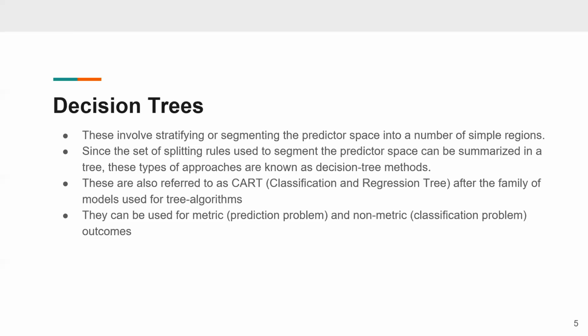If your outcome is numeric, then it's a regression problem, so we call it decision tree regression. If your output is non-numeric, essentially categorical, then it's a decision tree classification problem. Okay, that's the difference between those two.